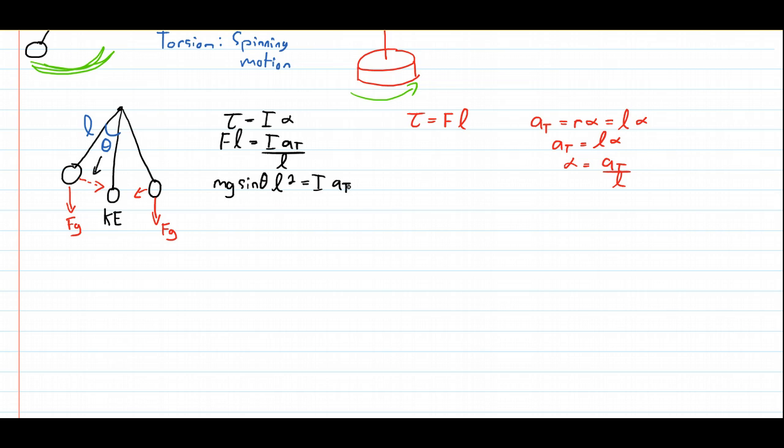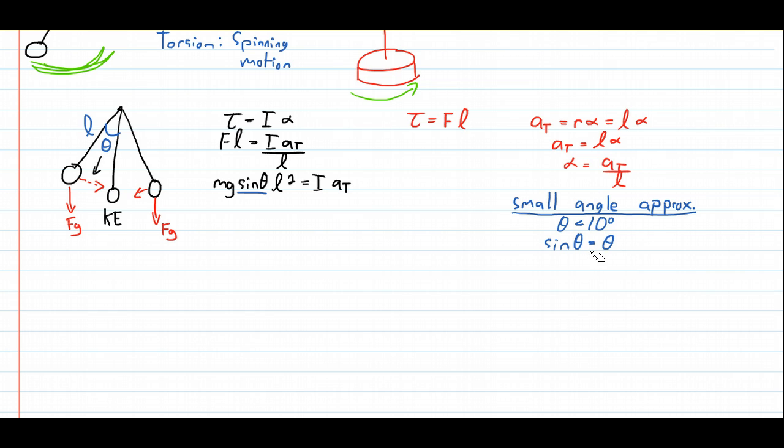tangential acceleration. So from here, we need to simplify our sine theta. Nobody likes trig functions. And because nobody likes trig functions, we're going to eliminate it from our equation using what we call the small angle approximation. So the small angle approximation says that as long as our angle is less than 10 degrees, sine theta is equal to theta.